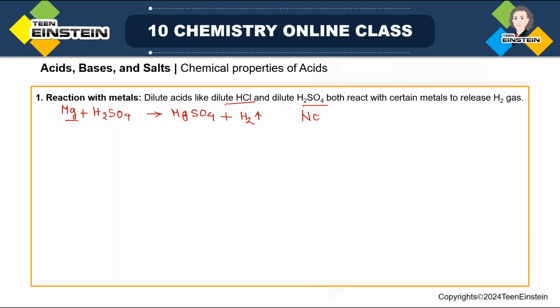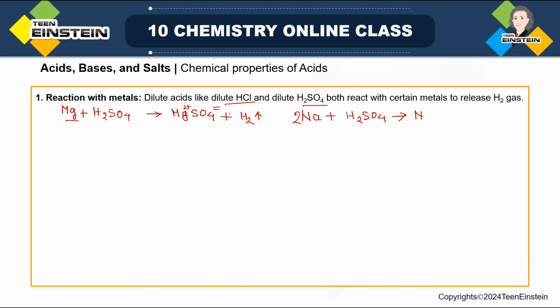Then another reaction, sodium, which is a very active metal from group 1. When it reacts with H2SO4, there will be formation of 2Na. 2Na is required if you want to balance, because in the case of magnesium, it has oxidation state 2+, and that is balanced by the negative charge over sulfate.